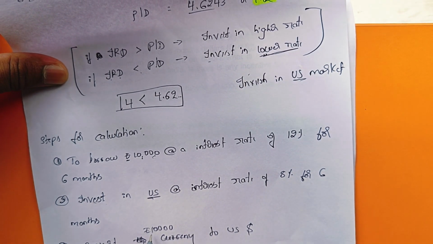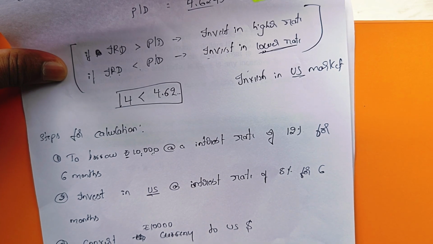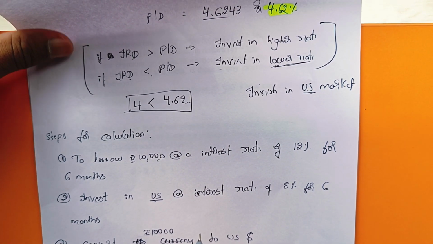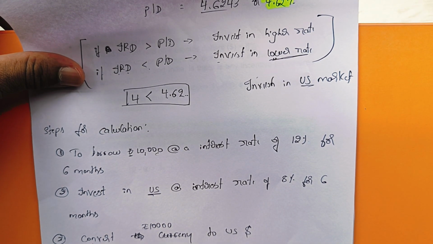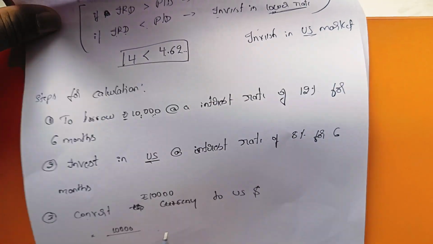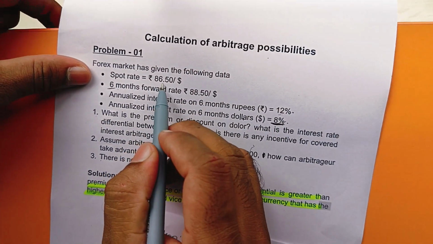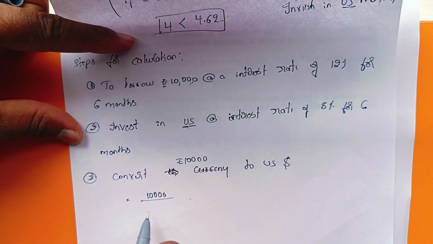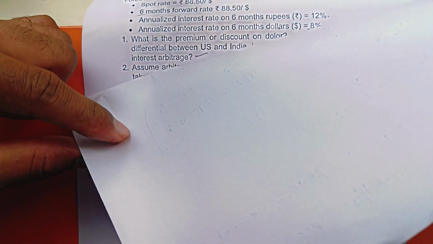Done. How is he going to convert this 10,000 into US dollars? That is rupees 10,000 divided by the spot rate. The spot rate is 86.50.